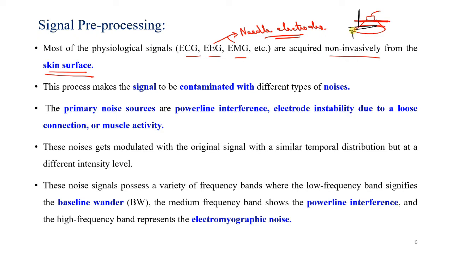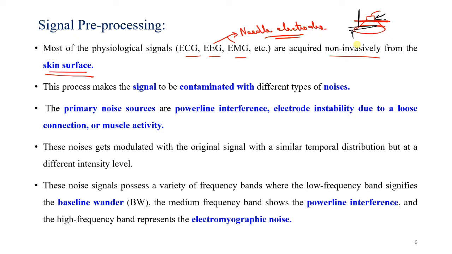So under normal circumstances, if you go to a medical hospital, you will find that usually surface electrodes are put for the collection of the ECG, EMG or the EEG. Okay. So over here I have given the example of the EMG. The same thing happens in the case of the brain. If you want to get the signal from a specific location, we can insert a needle electrode into the brain, and from that specific region we will get the signals.